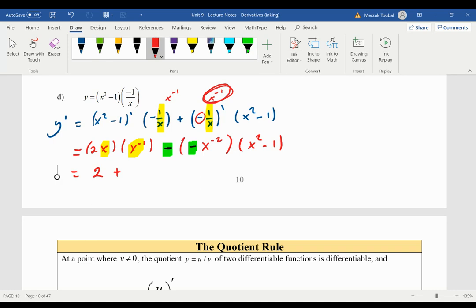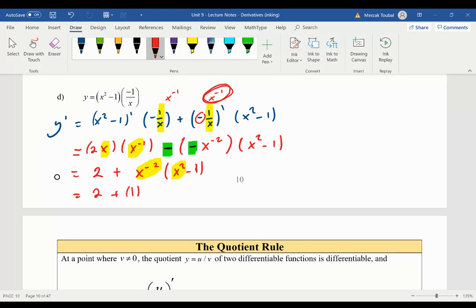We have x to the negative 2 times x squared minus 1. x to the negative 2 times x to the 2, that's x to the 0, which is 1.